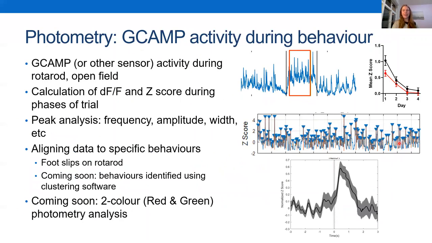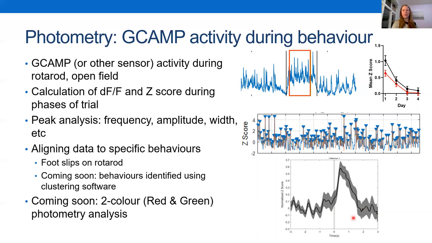Lastly, for the Gcamp data itself, I've analyzed this data in various ways. I can look at the average delta F over F and Z score values using my script. I can calculate the peak frequency, amplitude, and width of all the individual calcium events. And a new analysis that I've started to do that I'm very excited about is actually aligning the data to specific behaviors.